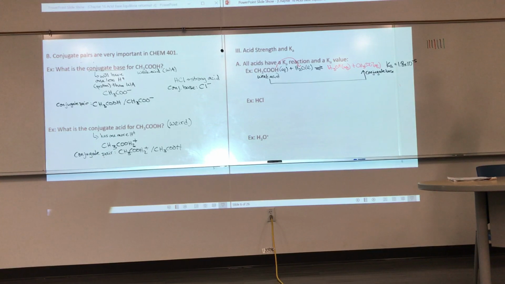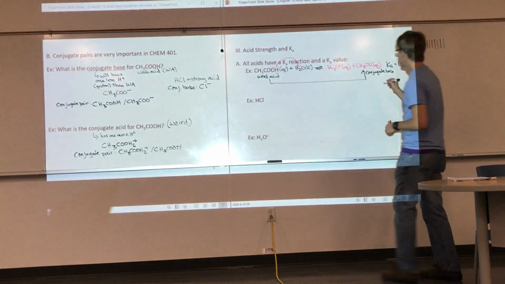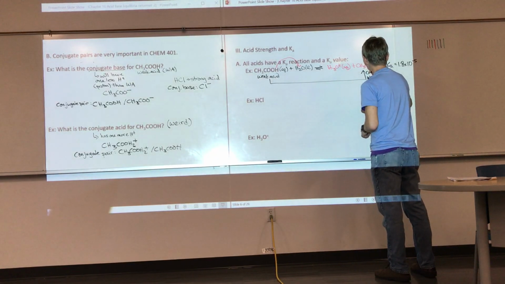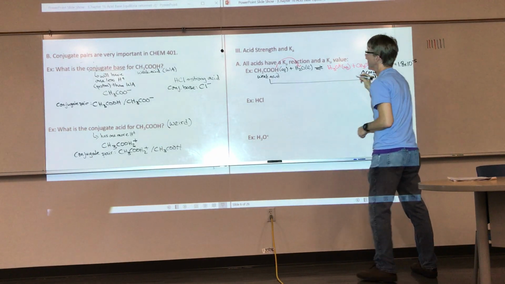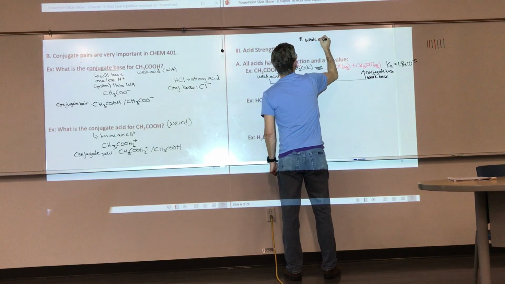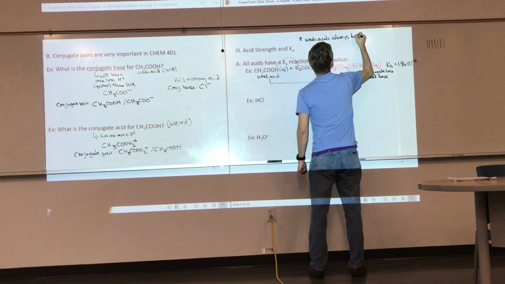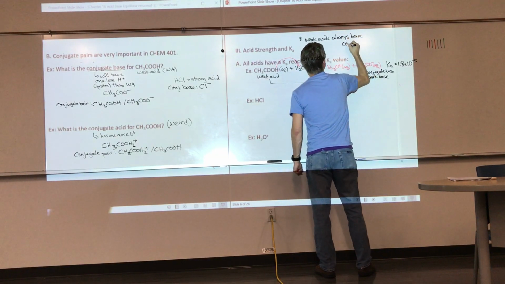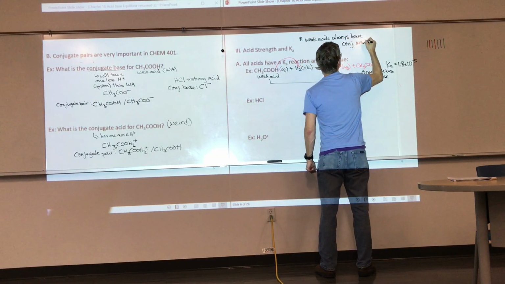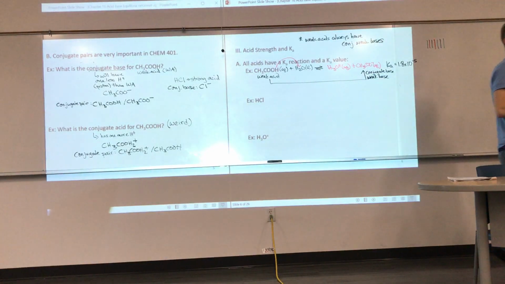It turns out that weak acids always have their conjugates be weak bases. So this is a weak base. Weak acids always have conjugate weak bases.